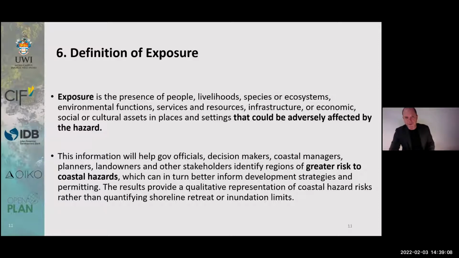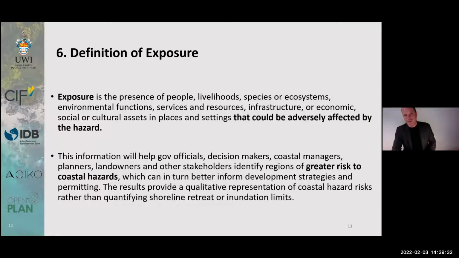They also need to be included in the exposure definition, and of course infrastructure, economic and social, even cultural assets. So all of those could be adversely affected by hazard. And as much as they are exposed, they will be part of this equation.